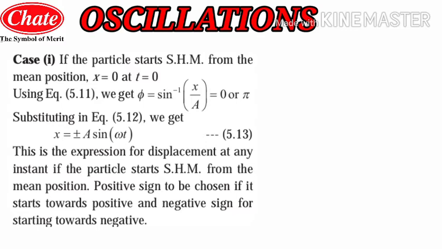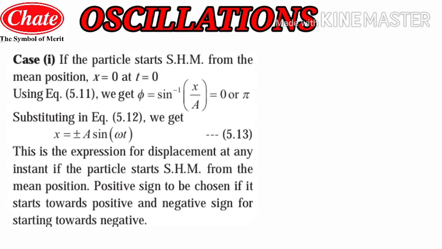Here the value of x is 0, hence the block will be at the equilibrium position, in the middle, with no displacement. As there is no displacement, the time t will also be 0.